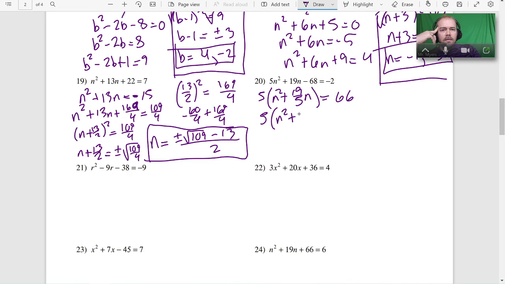So 19 over 5 n squared is 361 over, and then that would have been half of that, which would be 10 squared, is 100. Yikes. And then that times 5. 5 over 100 is 1 over 20. So that would be 361 over 20 that I would add to both sides, actually.